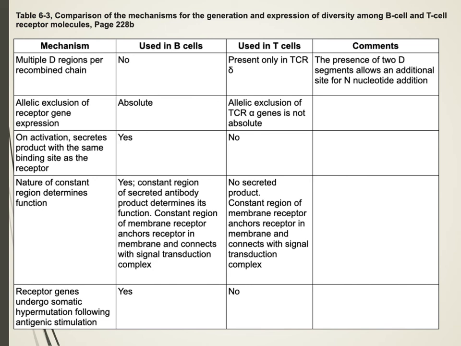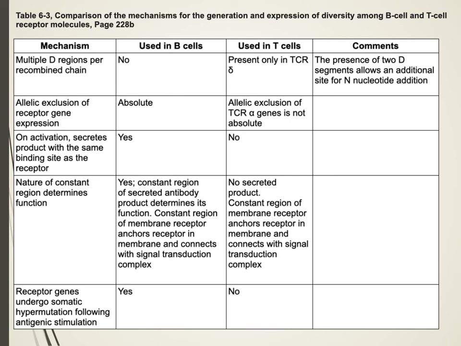So you would end up getting different responses by other immune cells. That constant region in a T cell doesn't interact with other cells because it's membrane bound, so it's anchored there, so it's only going to initiate signal transduction in the T cell, and that's pretty fixed.